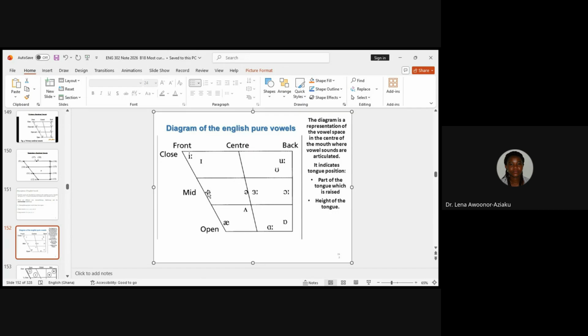Then we have a, a, o, u. You see that when you change this for this, the tongue is higher than this.